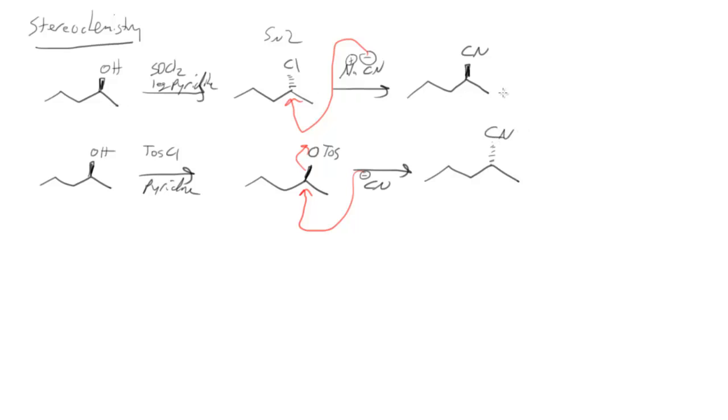In this two-step synthesis, we have inversion in the first step and inversion in the second step, which causes us to have retention of the overall stereochemistry. In the second synthesis, we have activation in the first step and then substitution in the second step, so I only get one inversion, which gives me opposite stereochemistry.